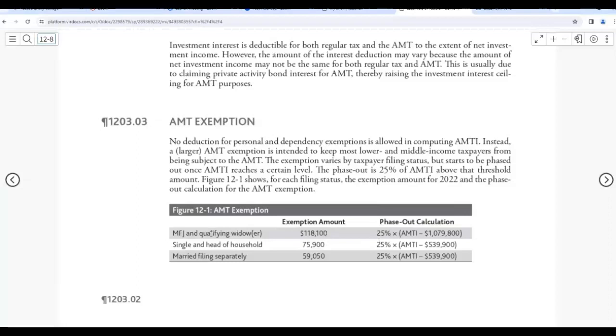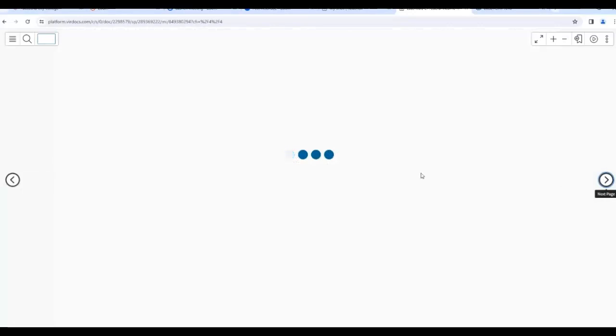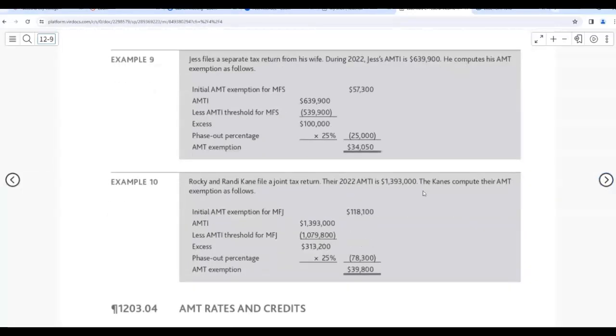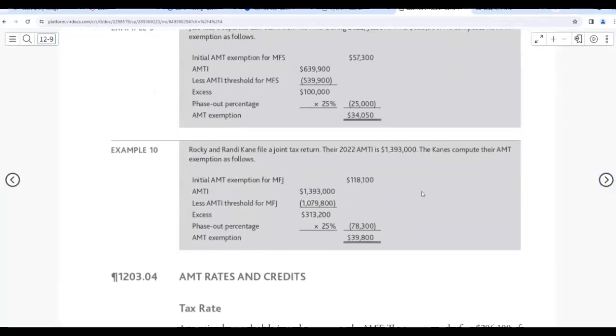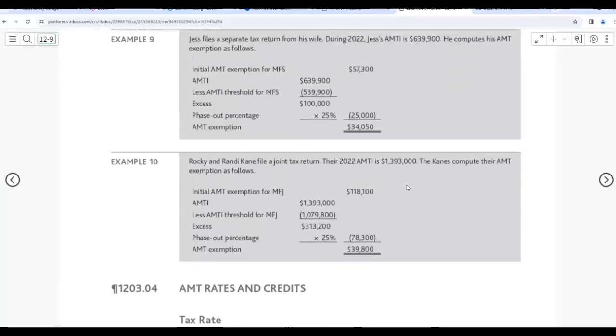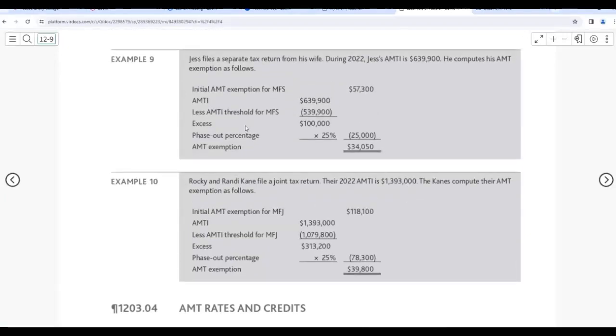Okay, whatever it is. I just want to tell you that there is an exemption, and that the exemption changes if you are single, married, or filing separately. Okay, let's go to an example, hopefully. Let's do one of these examples first.